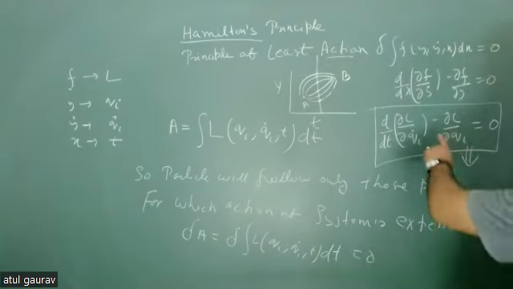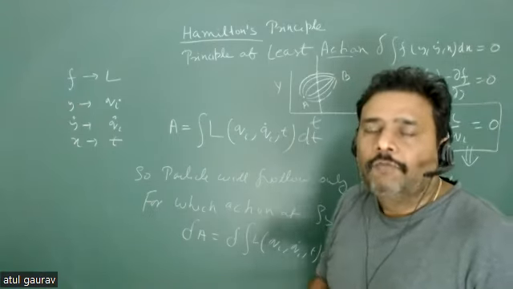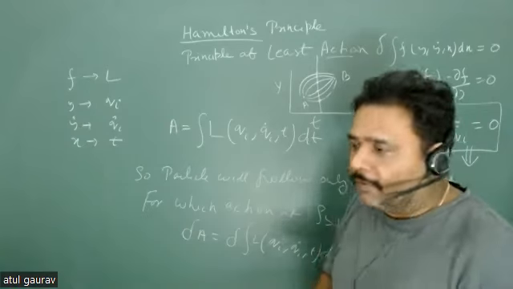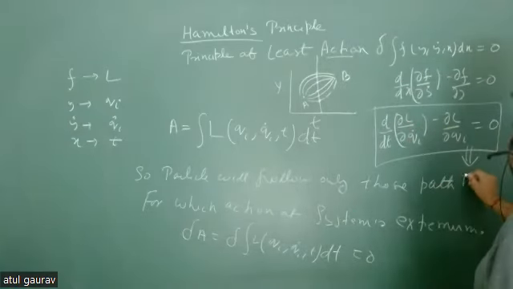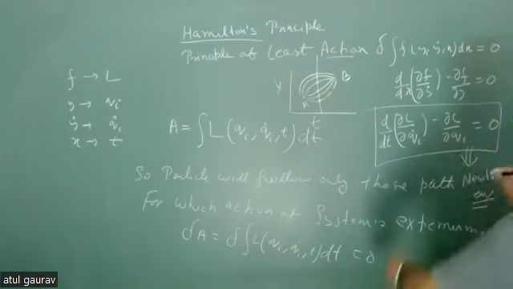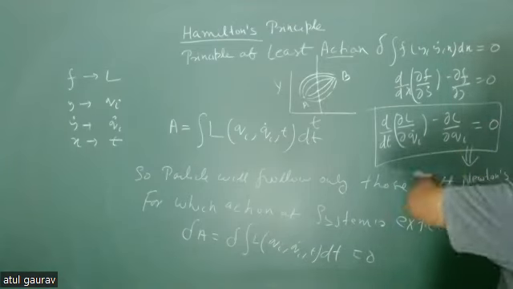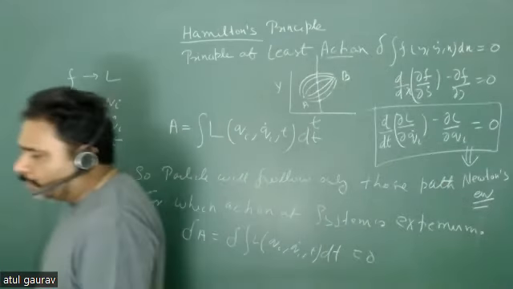And this very famous equation, now what do we want? We want to do physics. We want to analyze our physical system. So we want this equation to behave like Newton's law of motion.